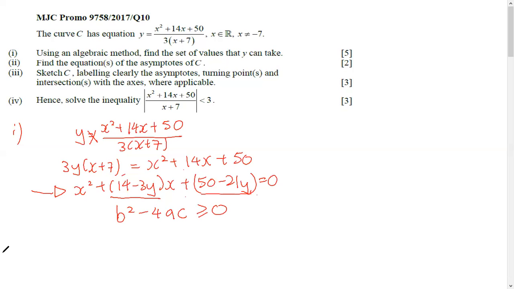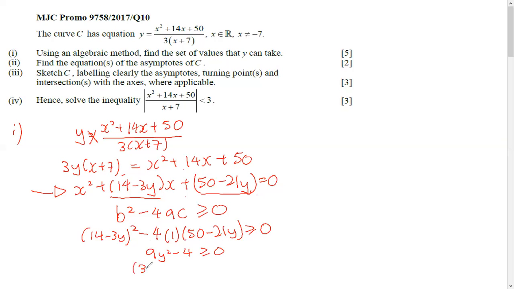So the b squared over here will be (14 minus 3y) squared minus 4 times a, which is 1, times c, which is 50 minus 21y, more than or equal to 0. If you open this up, this will simply give me 9y squared minus 4 more than or equal to 0. We can factorize this using a squared minus b squared. So this will be (3y minus 2)(3y plus 2) more than or equal to 0.